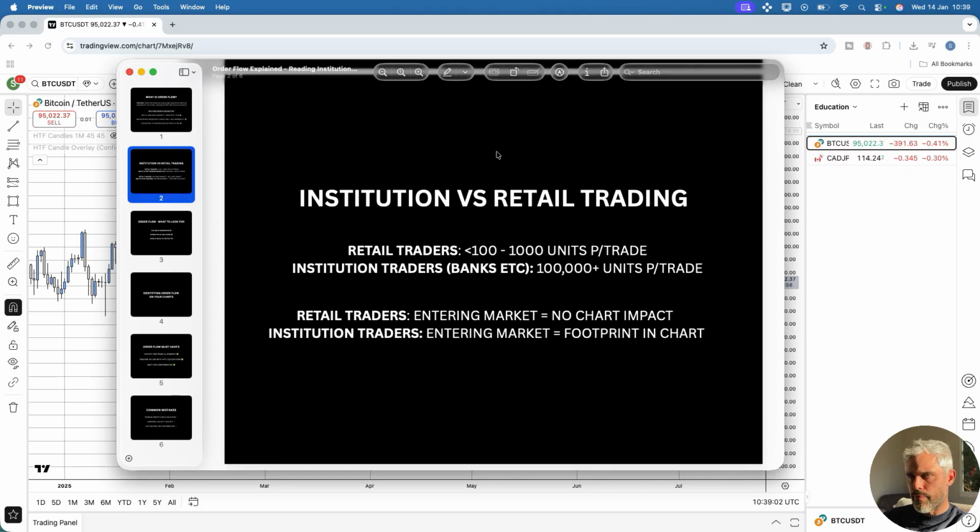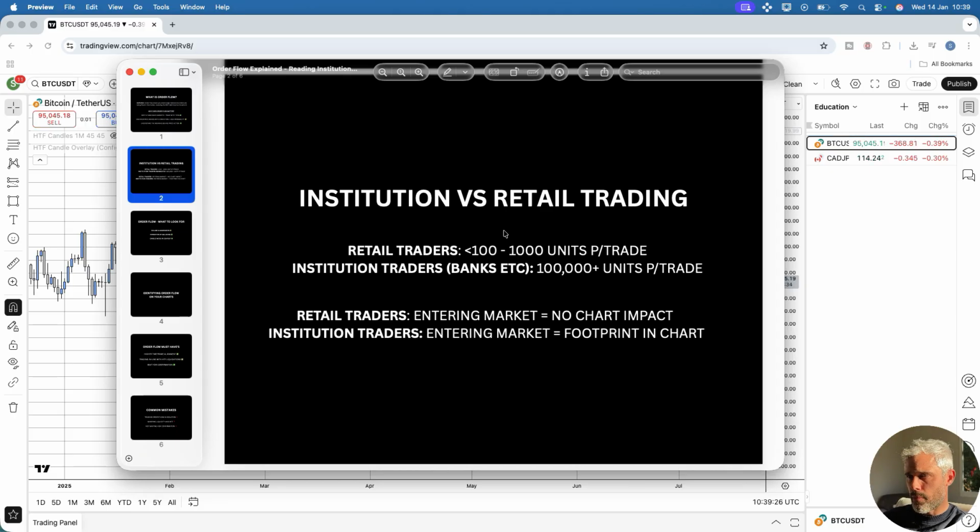Very quickly, institution versus retail trading, just to bring this to life. If you are a retail trader, think about the volume of trades that you're taking. It's not going to move these big forex markets or any type of market where there's a huge amount of liquidity.